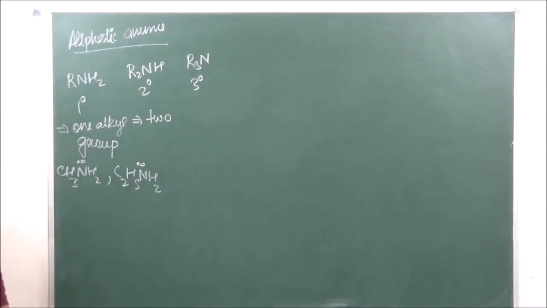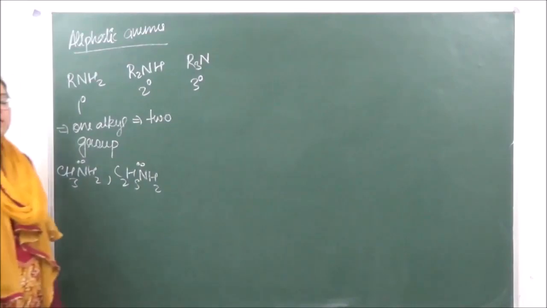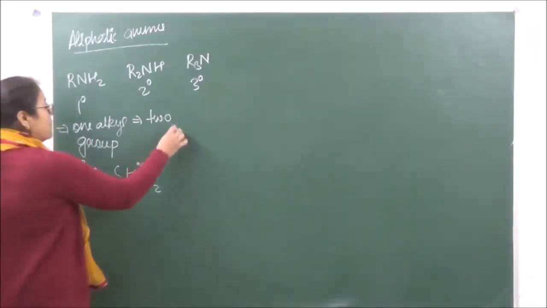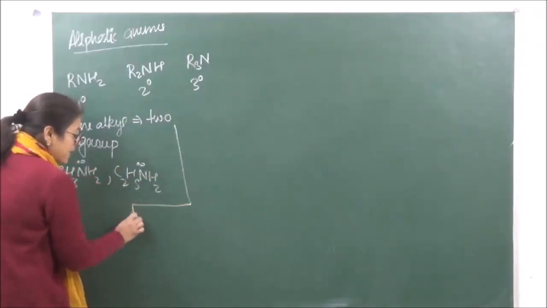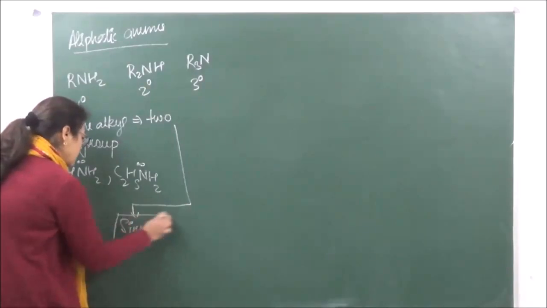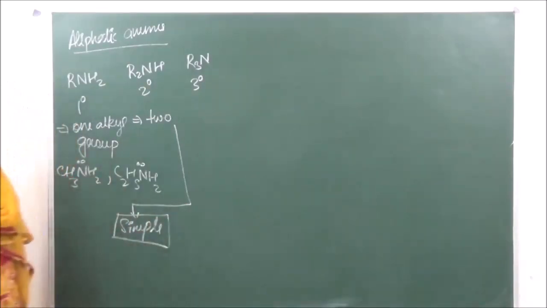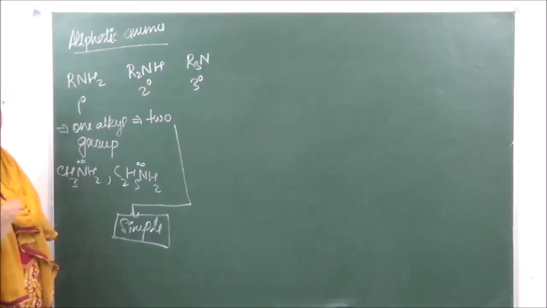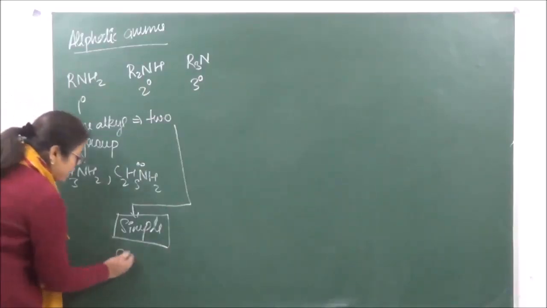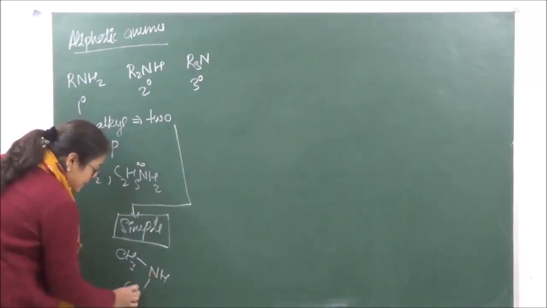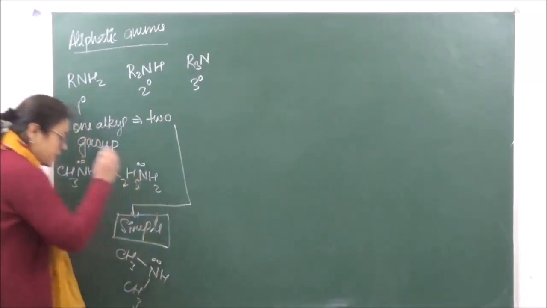These are further classified into simple and mixed. Okay, so what do we understand by simple secondary amines? Simple secondary amines means that both the alkyl groups attached are the same. So we have over here CH3 NH CH3.